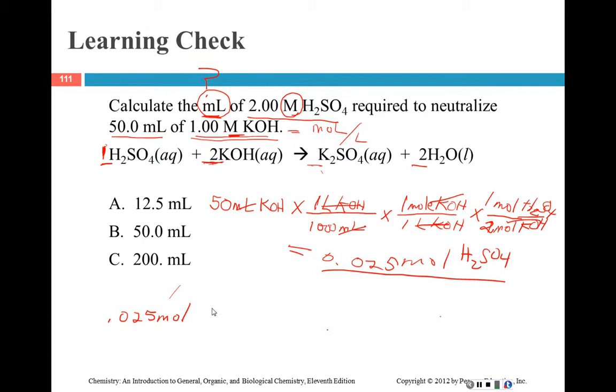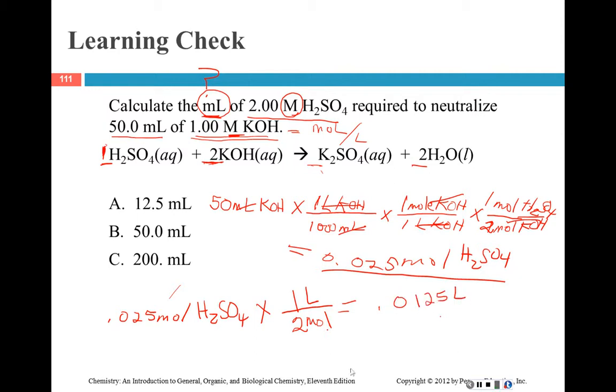We get the moles of sulfuric acid, which is what we just calculated. So 0.025 moles of H2SO4 times the molarity, but now moles has to go down here, because it's got to cancel this. So I've got 1 liter per 2 moles times 0.025 moles, and that equals 0.0125 liters.